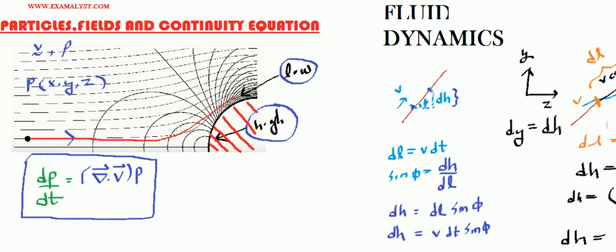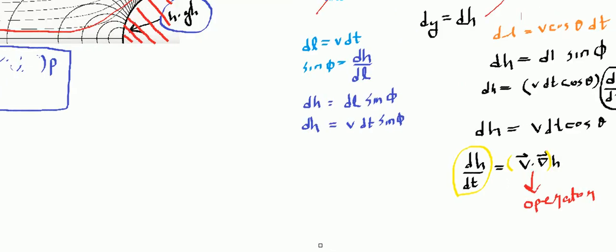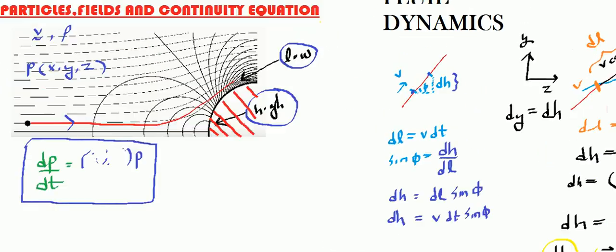Now the direction of gradient of pressure, oh, I made a mistake. This is v dot del. Let us see if we have written the same here. Yes, it is v dot del. The operator is v dot del.